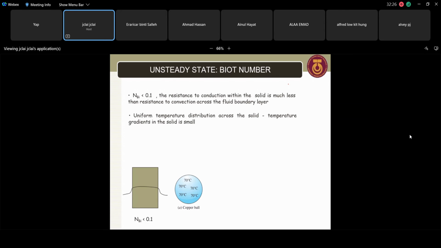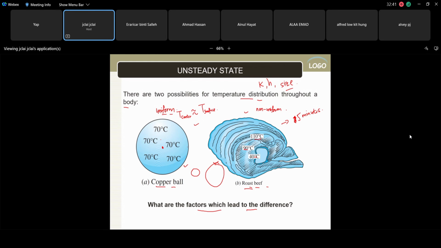But before that, now I want to introduce you to a new property. It's called Biot number. Scientists developed this in order to check, when we have an object, whether we can assume it has a uniform temperature distribution throughout the body, or a non-uniform temperature distribution.